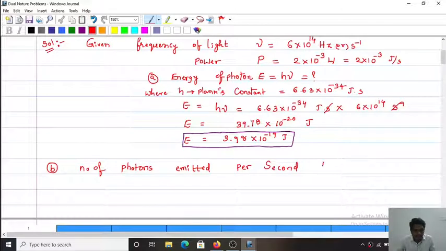Let n be the total number of photons, so n by t is the number of photons emitted per second.